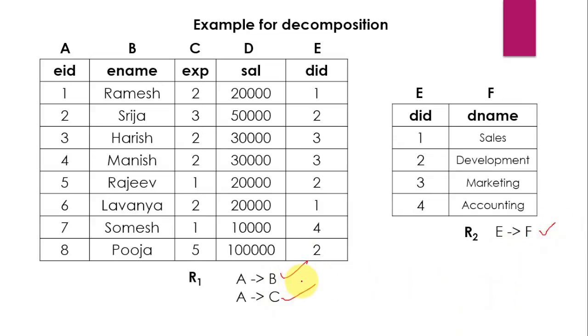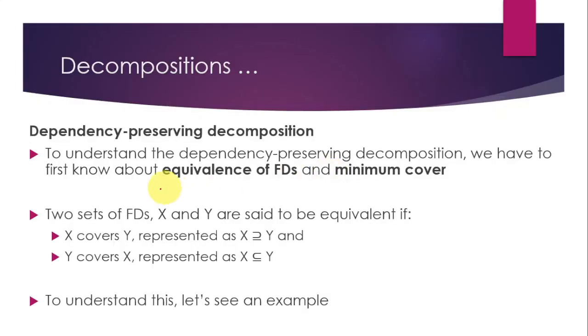When we join R1 and R2, again we are going to get all the 3 FDs. Such a decomposition is called dependency preserving decomposition. Looking at this example, it is fine, but what if a problem is given where there is no table and only some FDs are given to you? What will be the process?